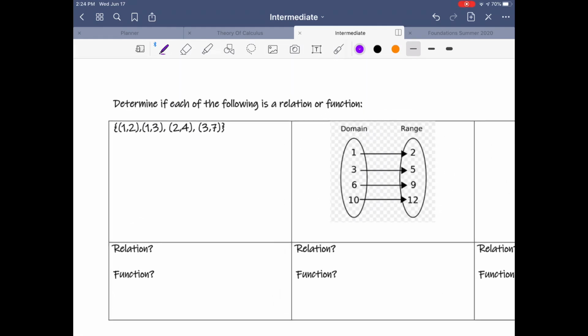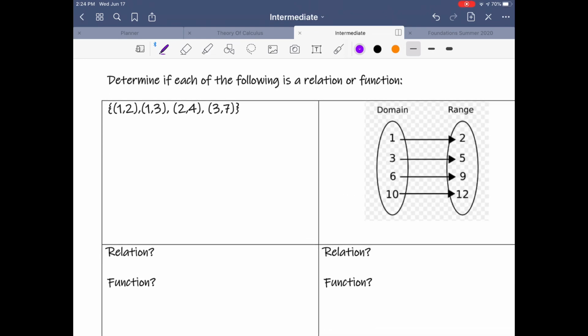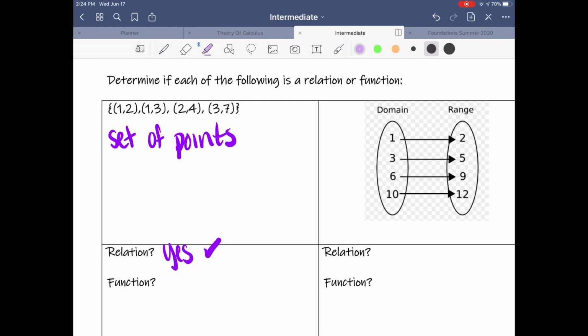Okay, let's look at these examples. We're determining if the following is a relation or a function or both. So in this first example, we have what is called a set of points. And any set of points is a relation. Now we have to look at the domain to determine if it is a function or not. So let's look at the domain. We have a 1, a 1, a 2, and a 3.